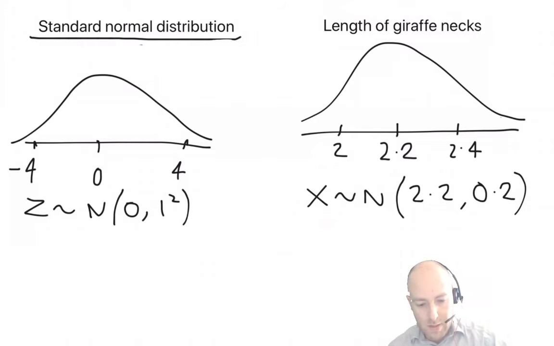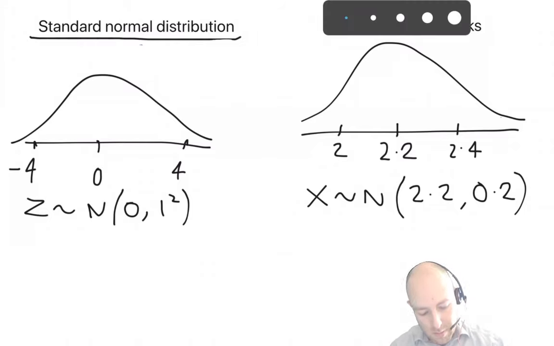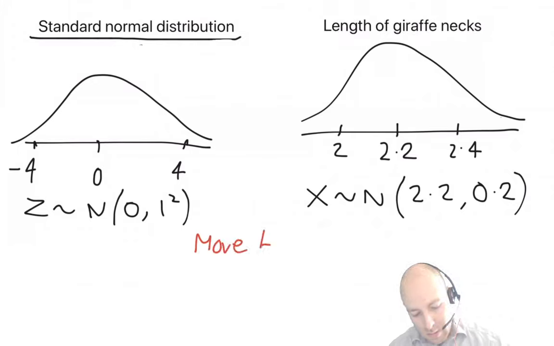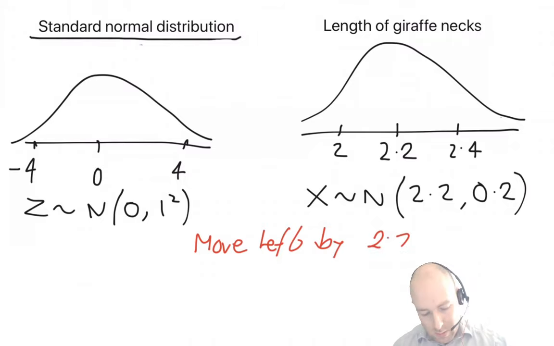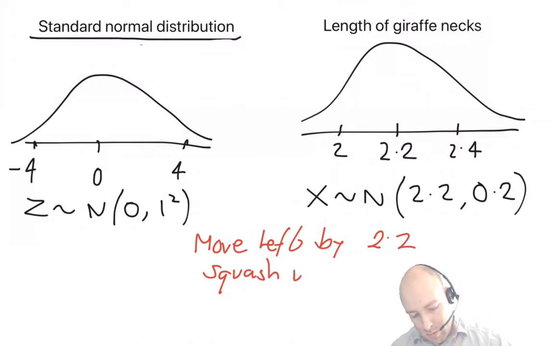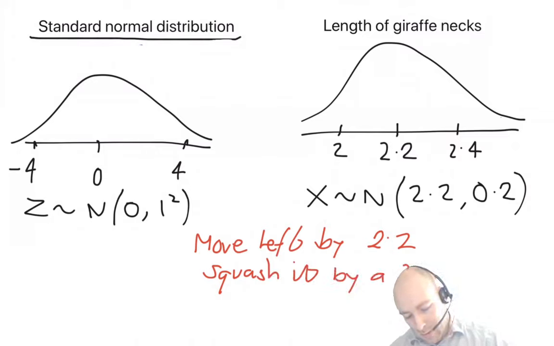So basically, if you think about transformations, move left by 2.2 and squash it by a factor 0.2.